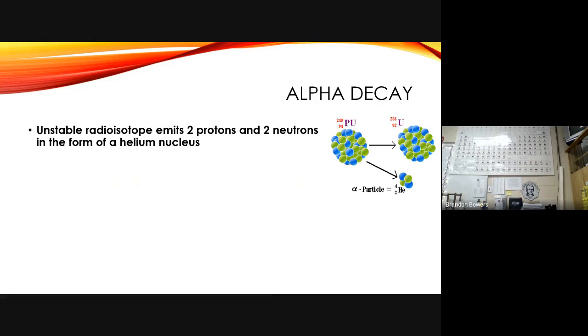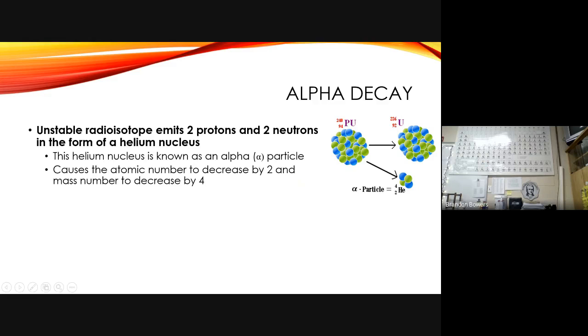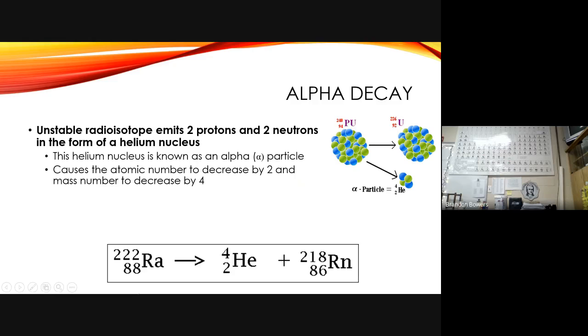Well, 2 plus 92 is 94. Just giving you different options to look at it. That's an alpha particle. Another example down here: 222 is equal to 4 plus 218. And then the bottom, 88, is equal to 2 plus 86. How cool is that?